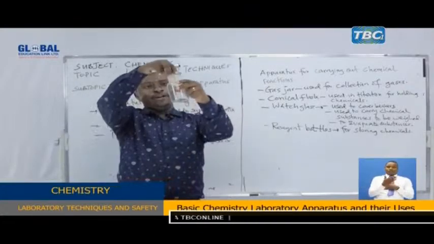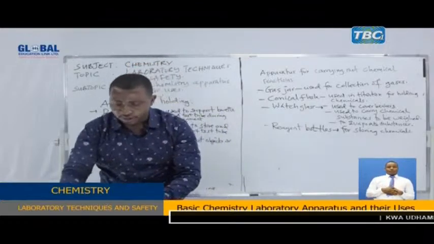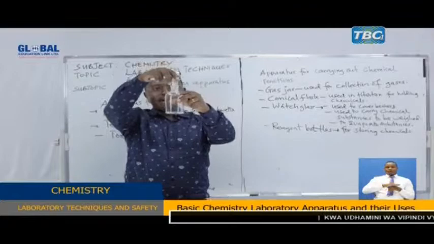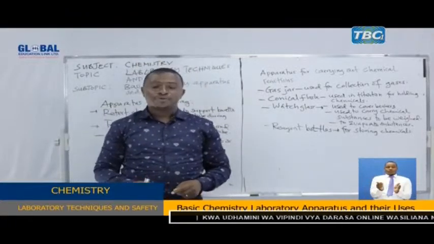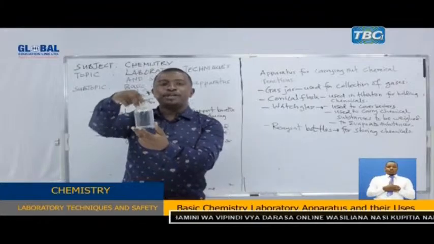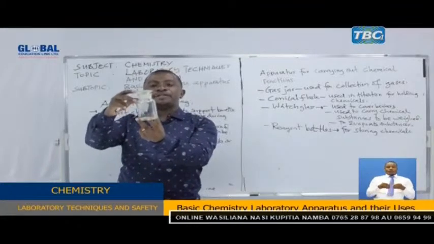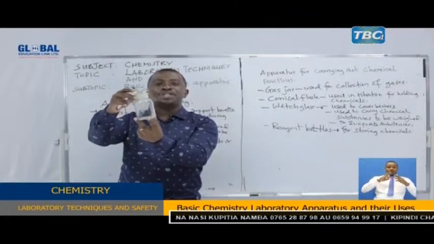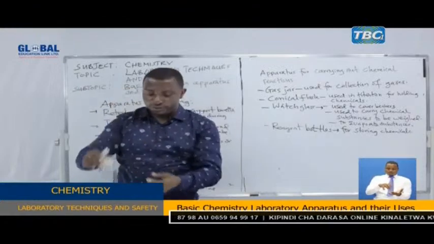The other one is this one here. It's a reagent bottle. We also have the other one. This one is the reagent bottle used for storing chemicals. Normally these are put on a bench for conducting experiments, and they are known as bench reagent bottles. They store chemicals ready to be used.